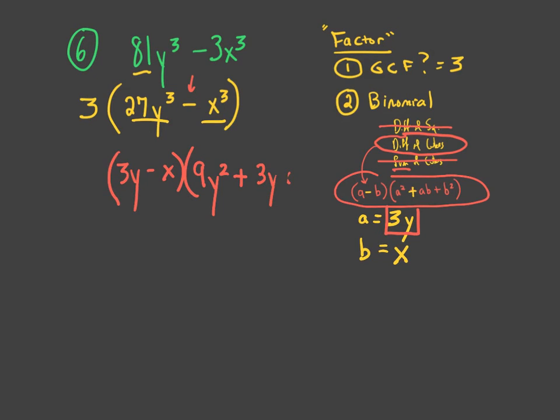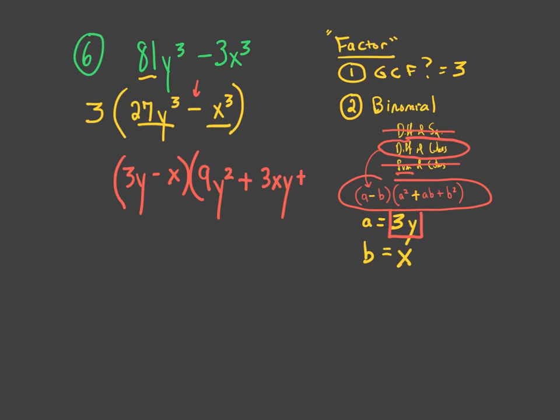Typically though, if you've got variables, you'll want to put them in alphabetical order. And then plus b squared. And since b is x, we're just going to square it. And you may get very focused on factoring that difference of cubes, but still, don't forget your 3 that we took out in the beginning.